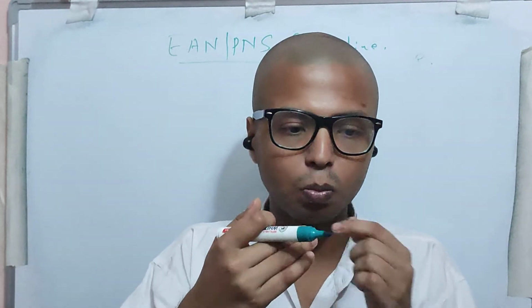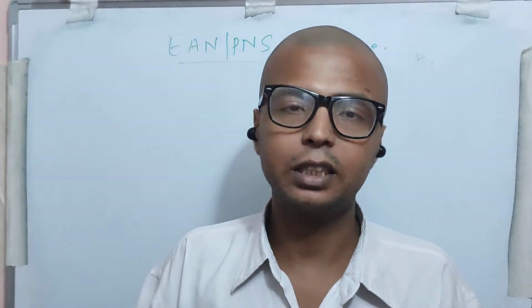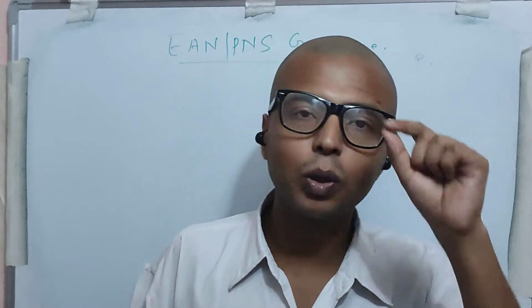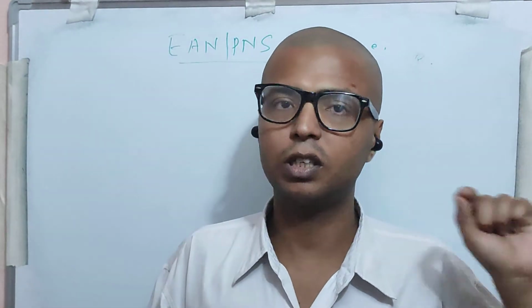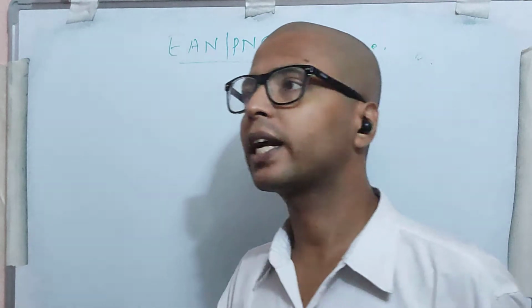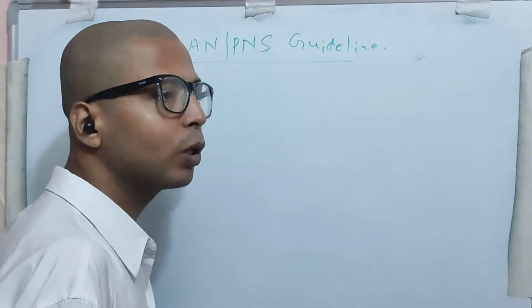So there should be a motor problem in at least 2 nerves tested. But for possible CIDP, you can have inclusion criteria, exclusion criteria, and if any one nerve is affected, then it can be possible CIDP. So let's talk about those inclusion criteria, exclusion criteria, electrophysiological criteria and supportive criteria.